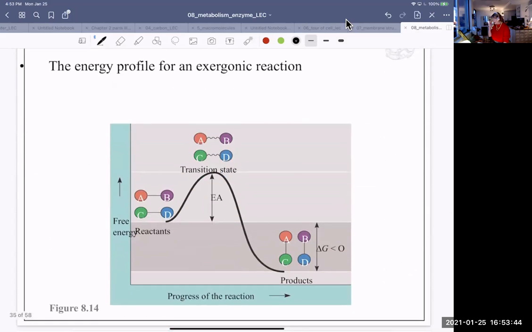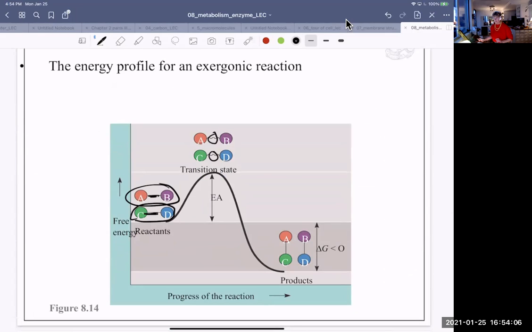So here's an energy profile for an exergonic reaction. So here are your reactants. They have bonds here that need to be broken. The transition state between the reactants and the products is such that something has to happen for these bonds to break.